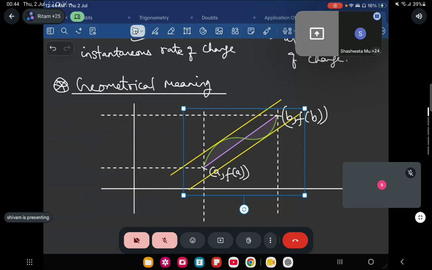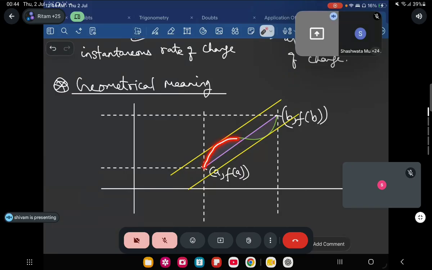Can you explain this part again? What does this mean? Yes, it means that this is your curve f of x, and this is del y by del x. Del y by del x means the average rate of change of this curve. The slope of this straight line will give us the average rate of change of this curve.